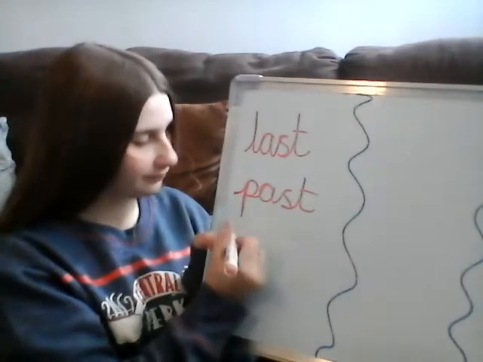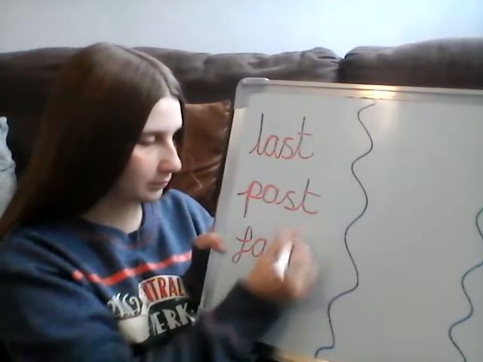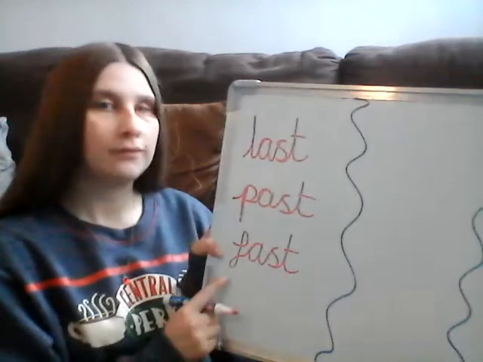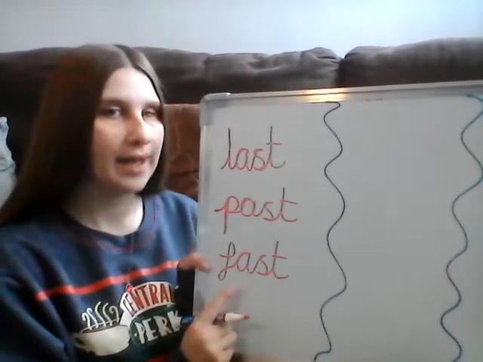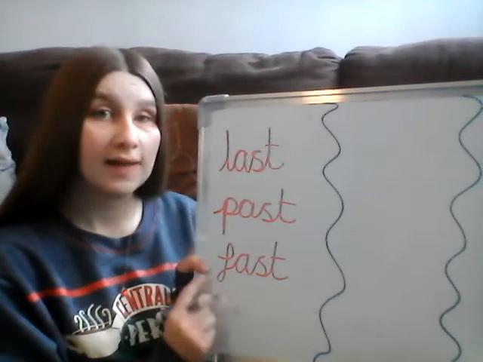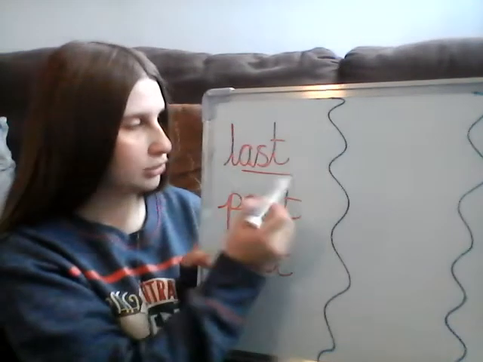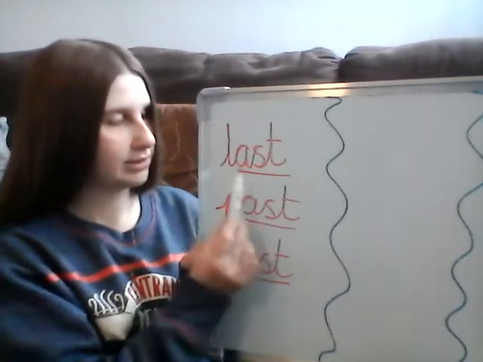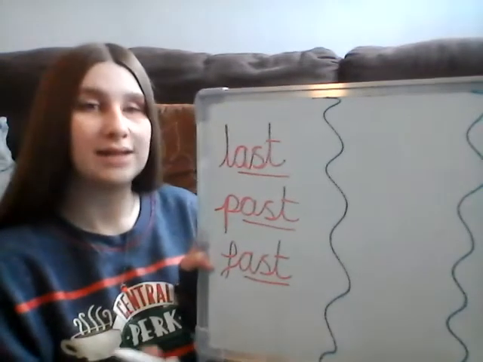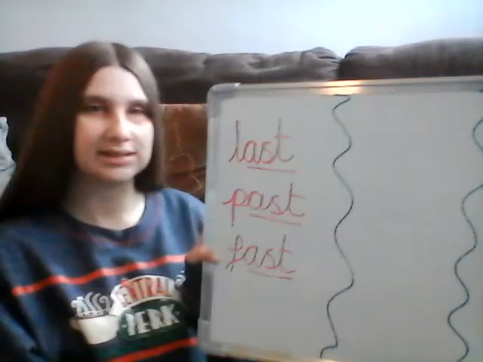And then the last one in this column is this one. F, a, st, fast. Okay, so hopefully you'll be able to see why these 3 are in the same column, because they end with the same letters, so they all rhyme. So we've got last, fast, and past.